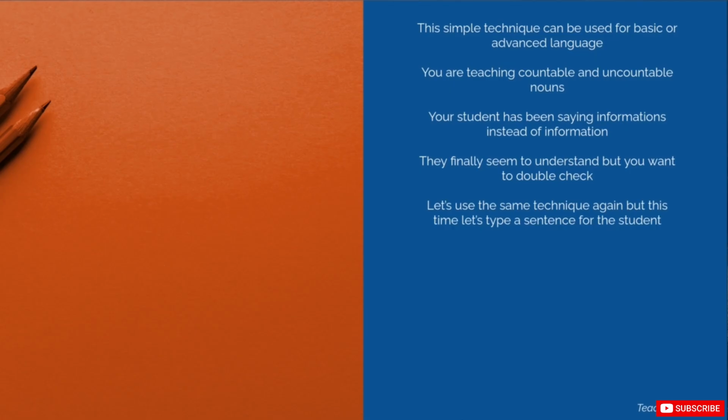Well, I'd do it this way. I'd use the same technique, the misdirection technique, giving them the incorrect information and seeing if they can pick up on it. But what I would do here is I'd send them one sentence. Now you're teaching online, so it's very easy to send your students sentences. So I would send them one sentence that's incorrect.